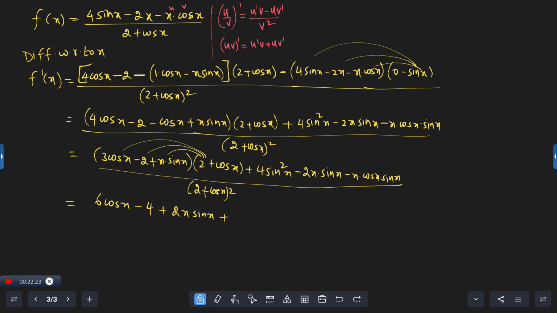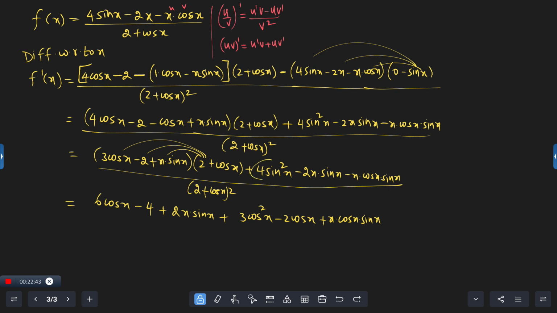Plus same thing you have to do for cos. Cos also you take and multiply inside like this. Plus 3 cos into cos, cos square x, minus 2 cos x, plus x into sin x cos x, or cos x sin x.